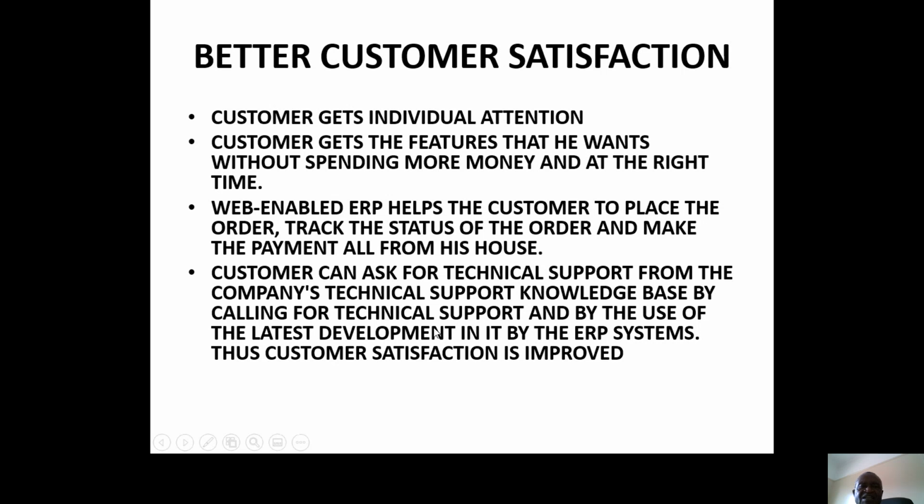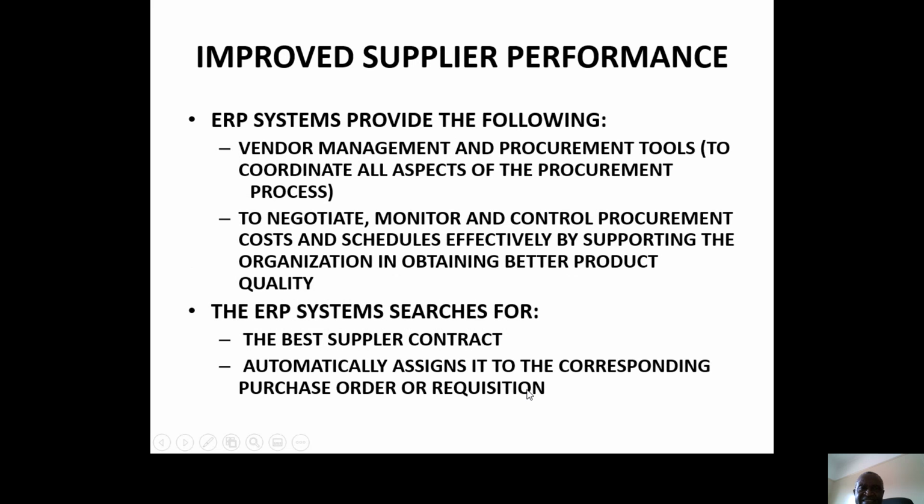Better customer satisfaction. What more do you want? They are satisfied because they get whatever they want at the right time. Okay? Improved supply performance. Why? Because of some subsystems in vendor management, and the procurement tools are now in.